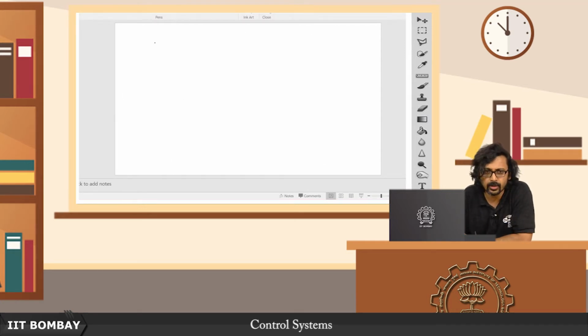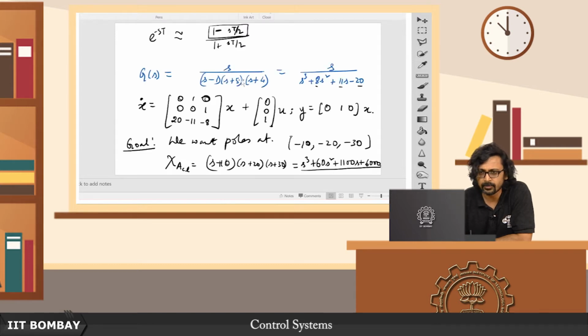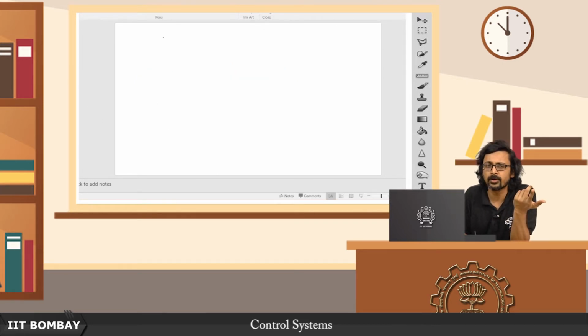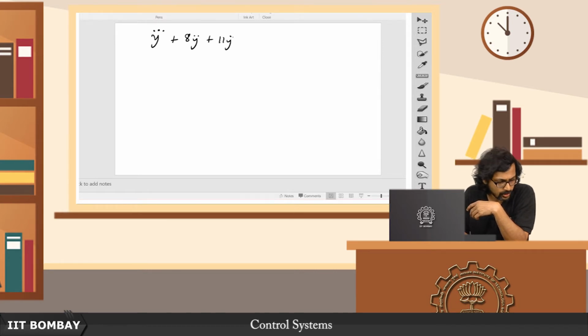So here is how we do it. From this transfer function, think of the original way in which we obtained the observer canonical form, the first realization we ever saw when discussing state space. What is this transfer function representative of? It is representative of this particular differential equation, plus 11y dot minus 20y is equal to u dot.